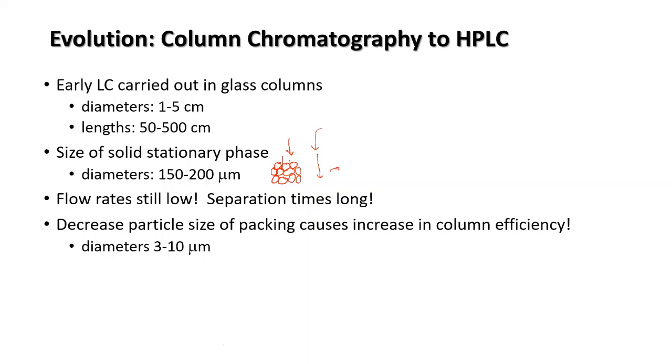In that case, we need to increase the efficiency, and for that we need to lower the particle size. A diameter of 3 to 10 micrometer is found to be the most suitable particle size for separation of any kind of different compounds, whatever the Rf value is. Even if the Rf values are very close, say a 0.1 difference, they will be able to be separated in this kind of small particle size column.